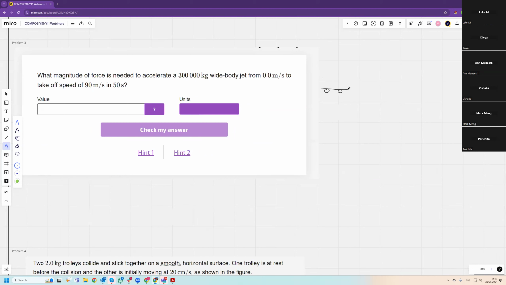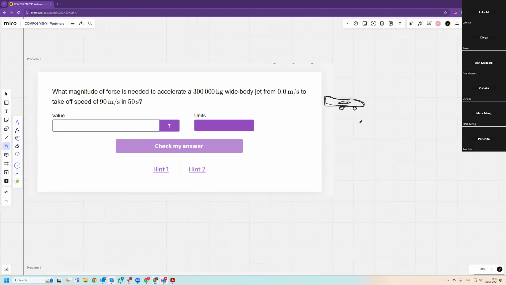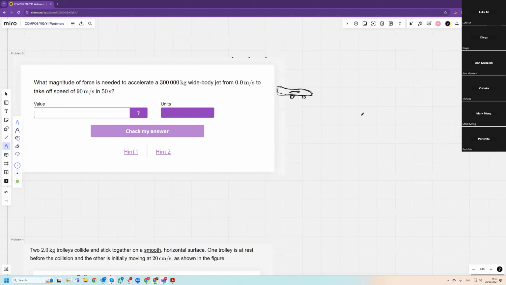So it's a wide body jet. Does anyone know how many wide body jets are currently in production? It's not too many. No, there's at least 3.